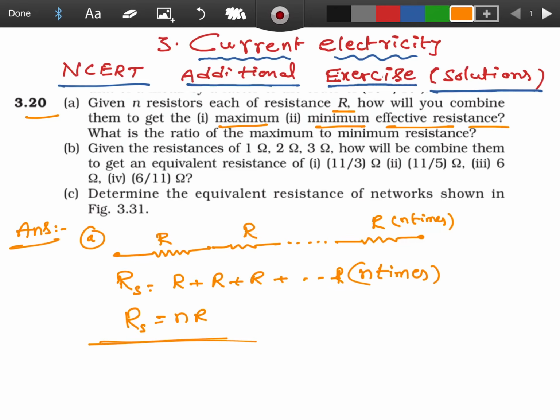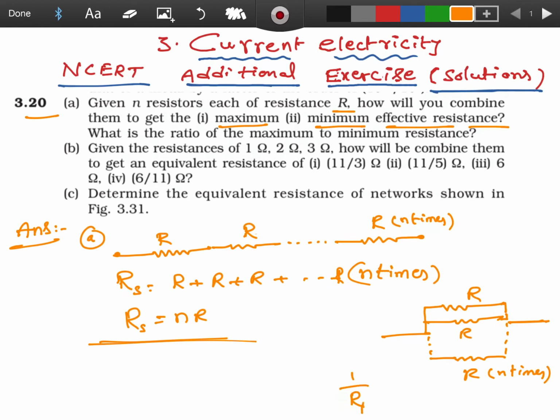But the minimum possibility is when all identical resistors are placed in parallel. R, and so on R. See here in this case, n times again, I am placing all n resistors in parallel.